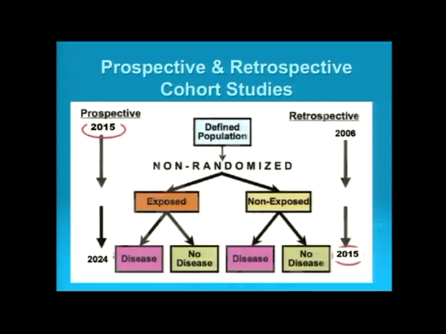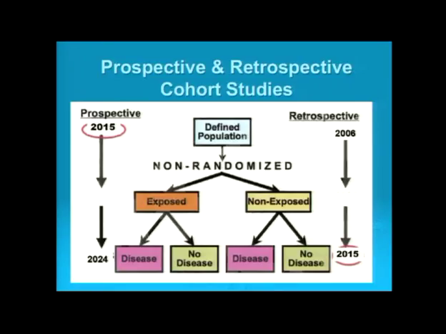So I said cohort studies take a long time, and they do. And so a prospective cohort study, which used to be much more common many years ago, is that I would start today, smoking and lung cancer. I'd find smokers and non-smokers, and I would have to follow them forward in time.